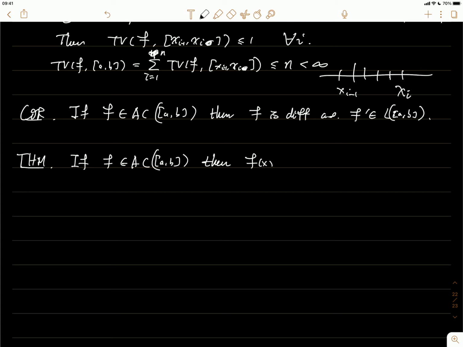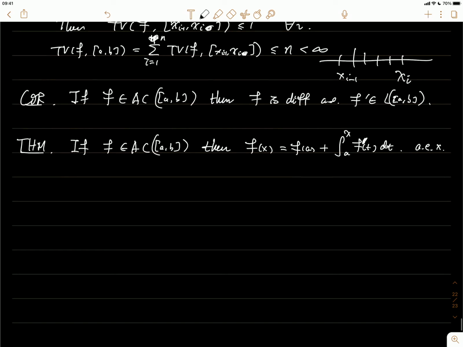And then we can also claim that f of x is equal to f of a plus the indefinite integral of f prime t dt. Okay, and we know that's true for almost every x over the interval ab.